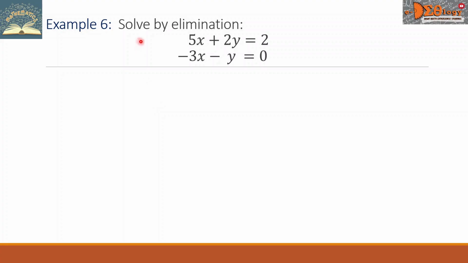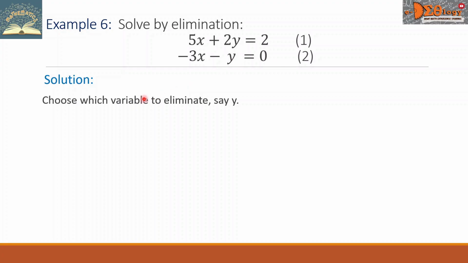Example 6. Solve by elimination. 5x plus 2y equals 2, negative 3x minus y equals 0. The first equation is equation 1 and the second is equation 2. We are going to choose which variable to eliminate. Look at the variable y.